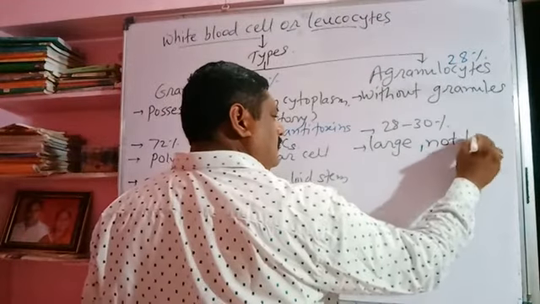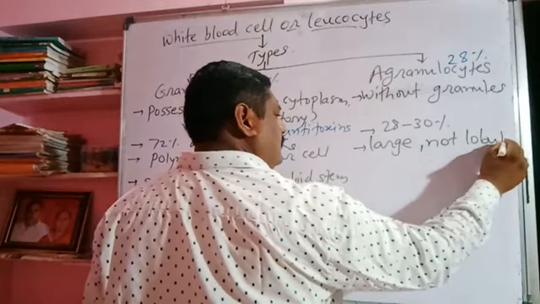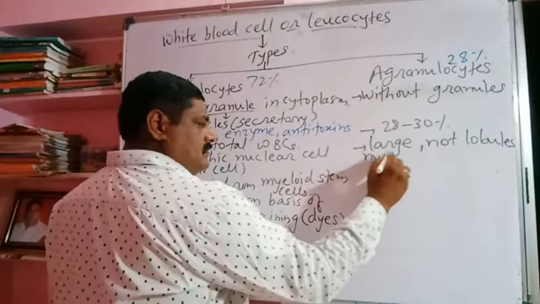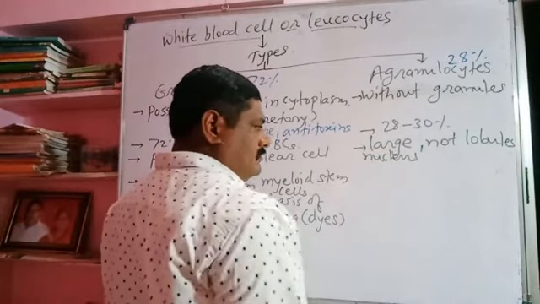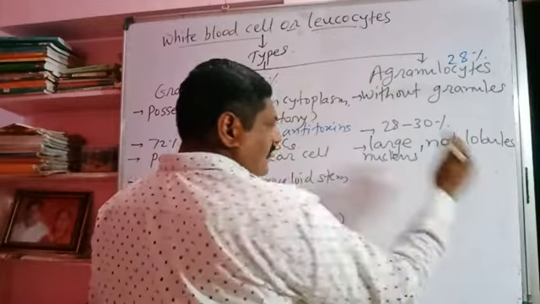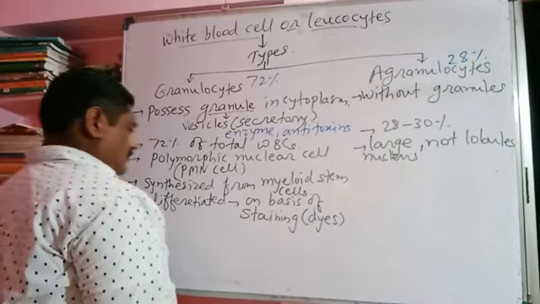The large nucleus occupies a position in the cytoplasm, but lobules are absent.